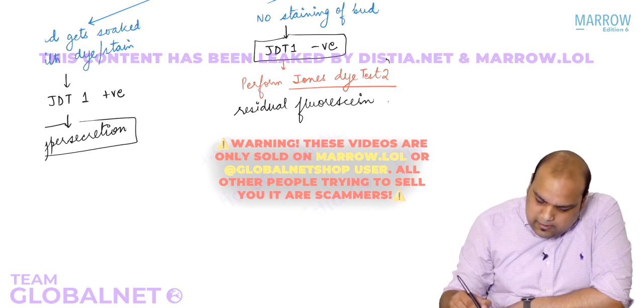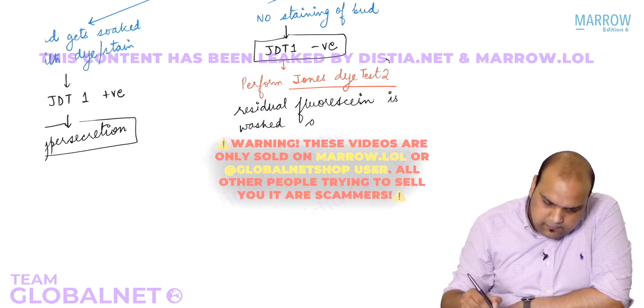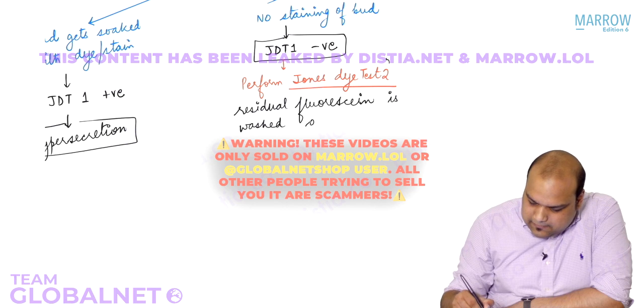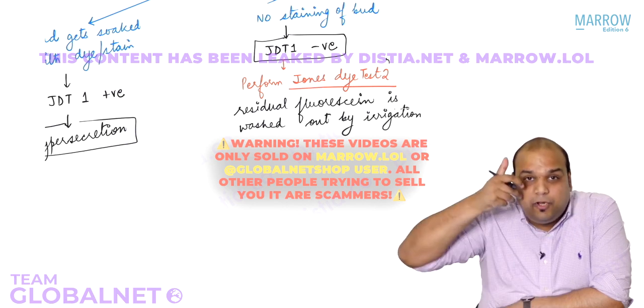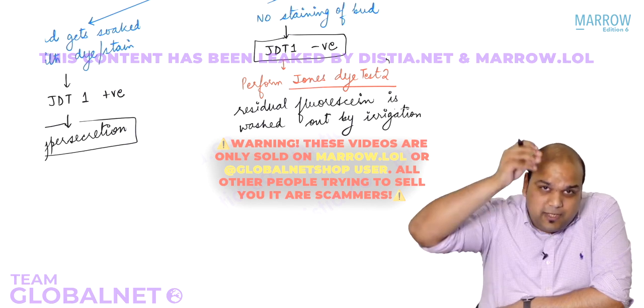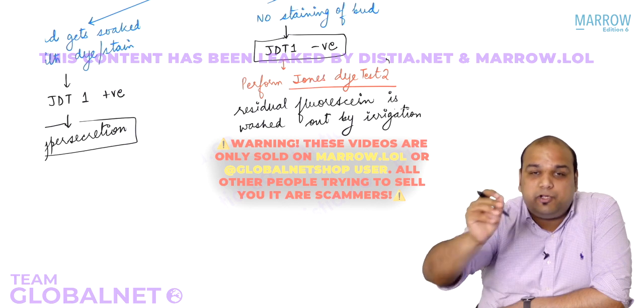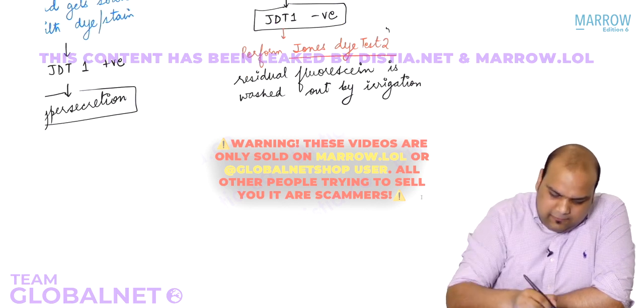Residual fluorescein is washed out by irrigation. Okay? So now you are injecting fluid again with pressure so that whatever fluorescein was there with pressure tries to get washed out and your bud stains now. Okay? Again, I can have two cases.